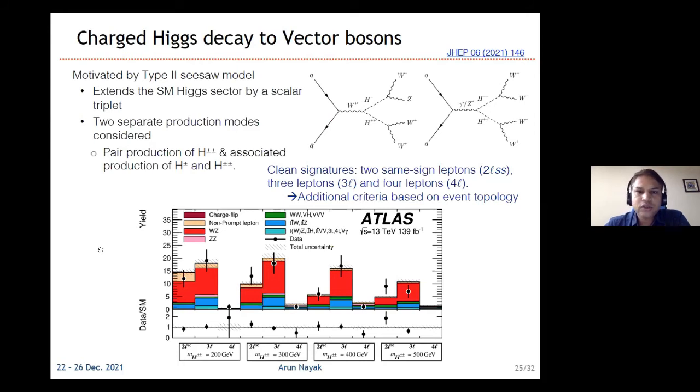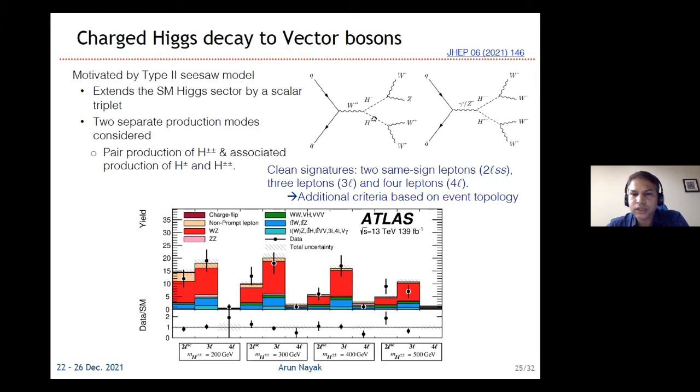Then there are also searches for charged Higgs decays to vector bosons in ATLAS, where you have similar production: the pair production of the doubly charged Higgs boson and associated production of the doubly charged Higgs boson with a singly charged Higgs.